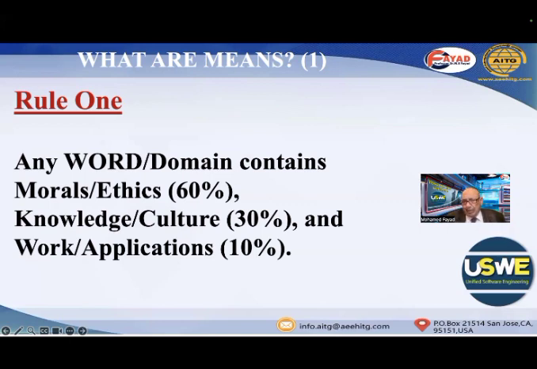Knowledge and cultures is very important, 30%. Let me explain that. For the knowledge of software engineering, I claim there is no knowledge because, unfortunately, we build an instance. For example, you manufacture an instance of a software application, software system, or software design, whatever, and you get charged a lot of money.